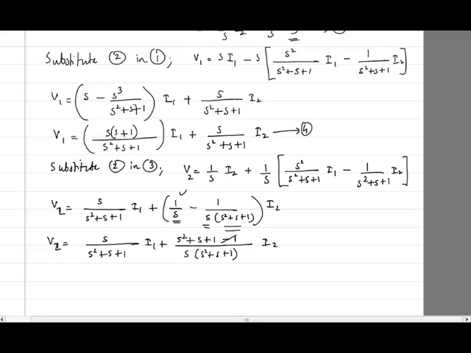Now see here, this minus and minus will get cancelled off. What I will have is S square plus S, and I know that S square plus S can be written as S into S plus 1, isn't it?